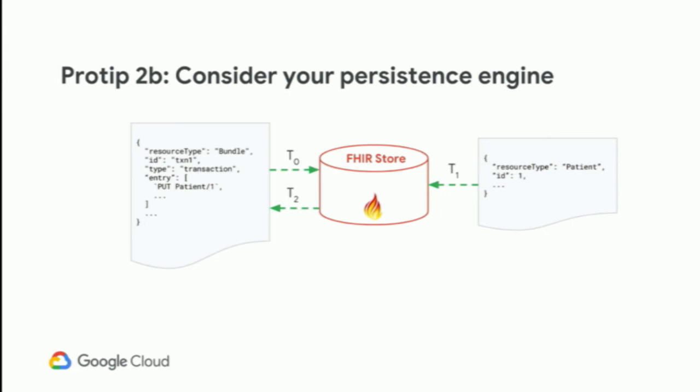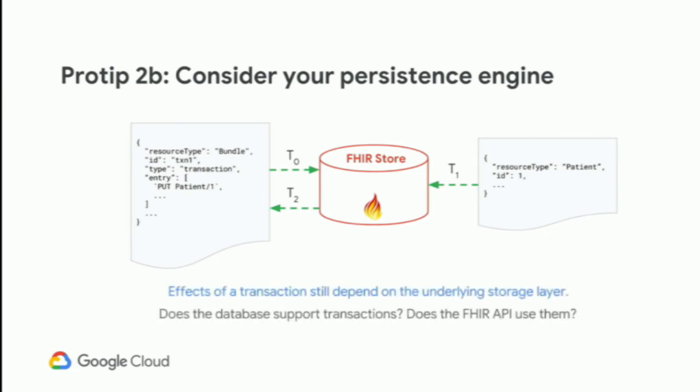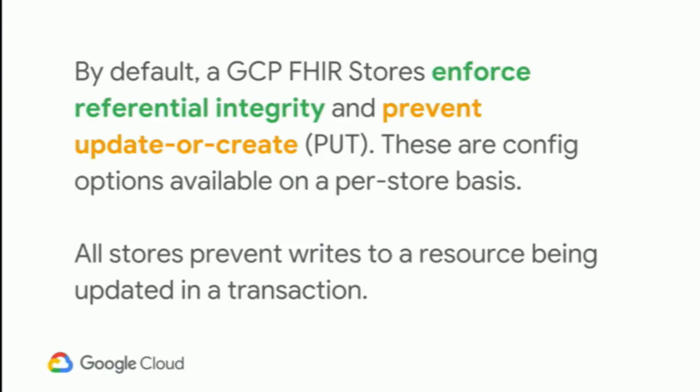And this depends critically on the extent to which your database itself supports transactions, which is all to say ours does, because we want to make sure that if a transaction in FHIR is executed, we guarantee that the state matches the state of that transaction.